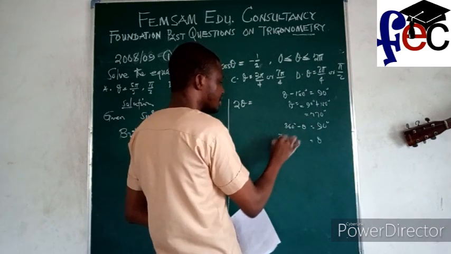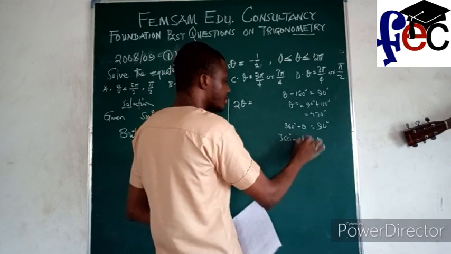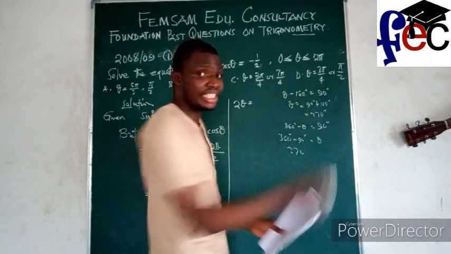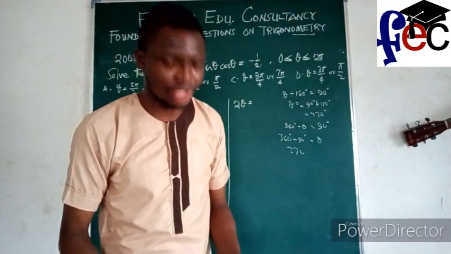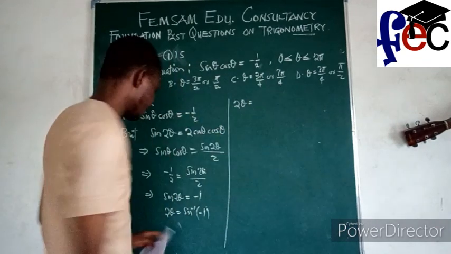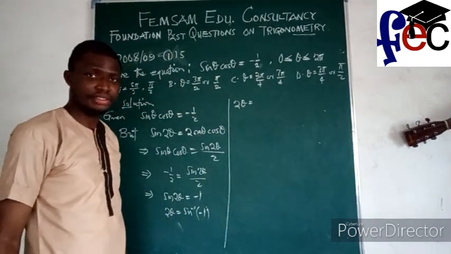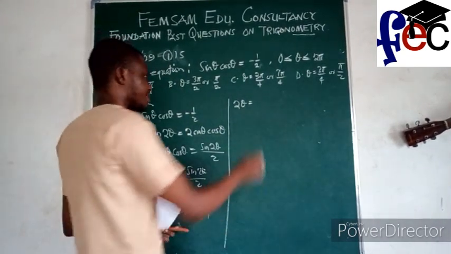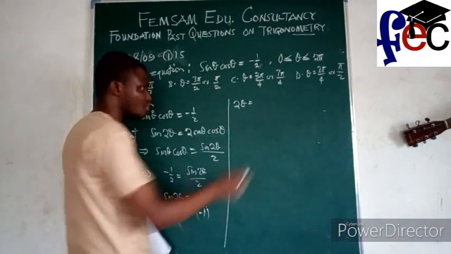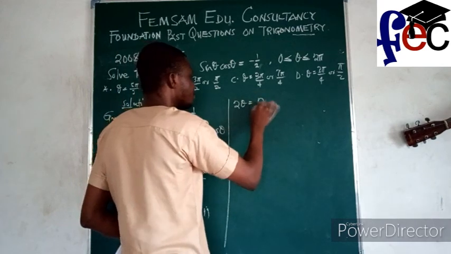Transfer 90 here, you have 360 degree minus 90, which is 270. Do you see that? I said that it lies in the boundary. Okay? So which means that sine arcsine of minus 1 is 270 degree.